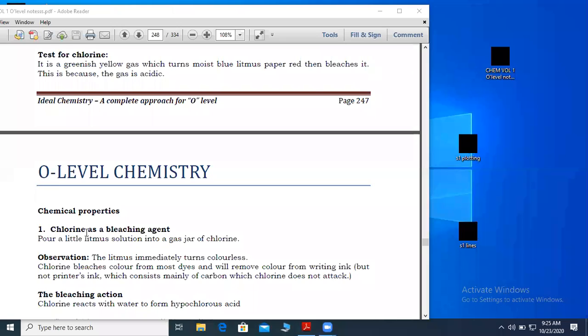Jik, the largest percentage of jik is chlorine. Now, if you have a white shirt and it has some colored stains, you apply jik to remove those colored stains. I've told you, jik, the largest percentage of it is chlorine.